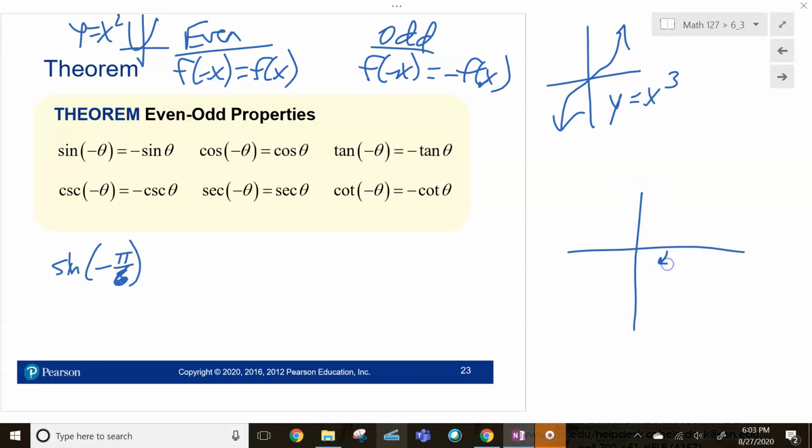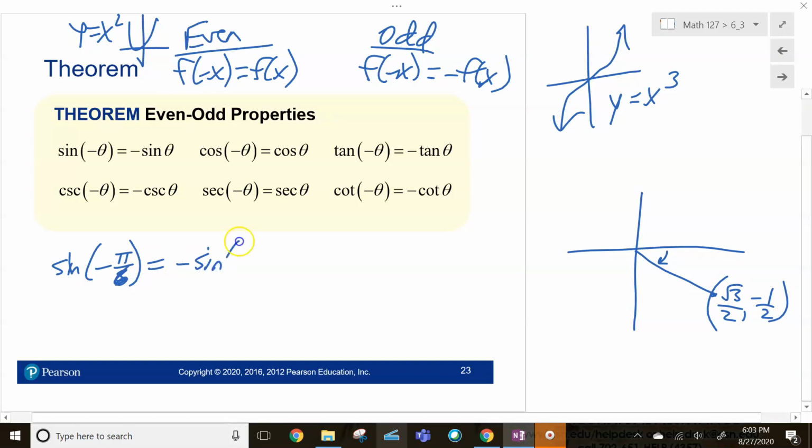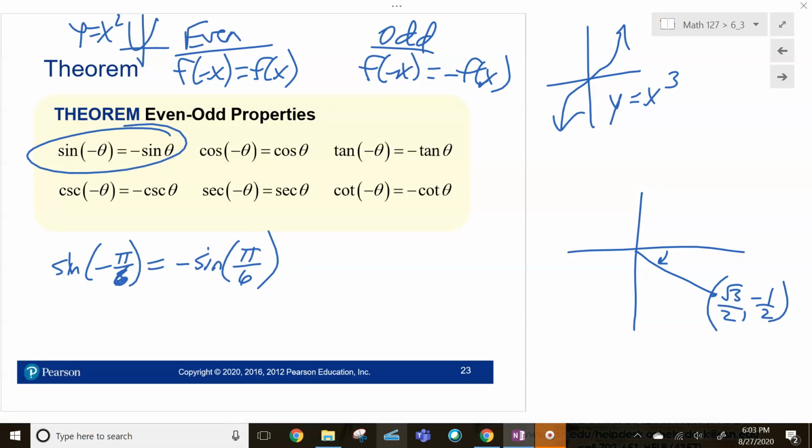If you go down 30 degrees to right here, this is saying that's the exact same thing as the negative sine of pi over 6, right? It's saying that, hey, this is an odd function.